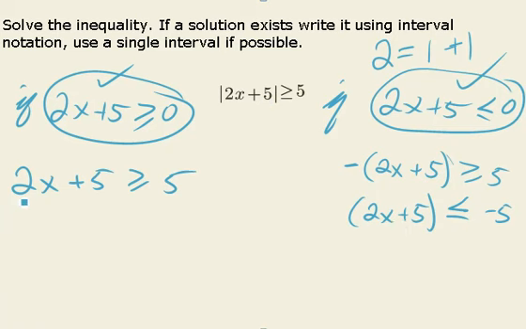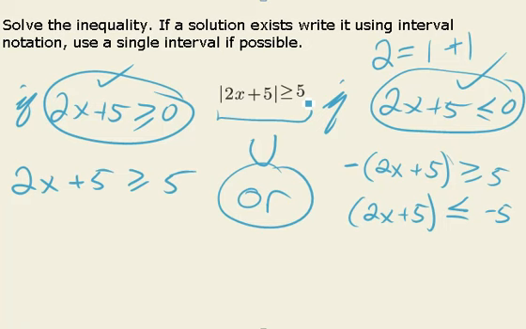So a solution here or a solution there is a solution to our question. The word or tells us we're thinking about a union. So if I find all the solutions to this first set and all the solutions to the second set and take a union of them, that's the solution to my original inequality.